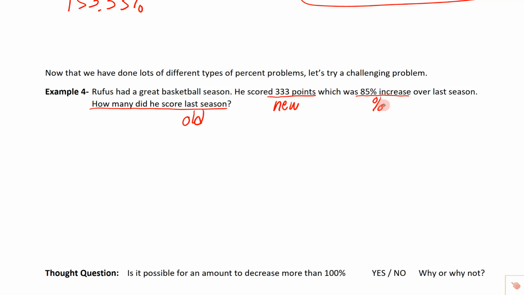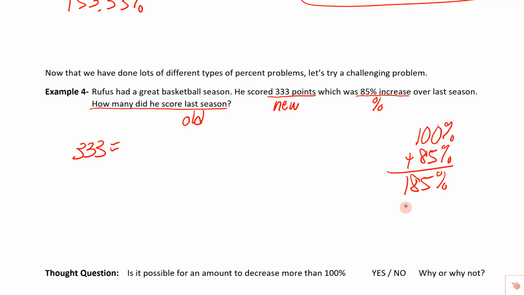So once again, we're going to write out the equation the same way we do every time. So we're going to say 333 is, oh, and before we put the percent down, we need to think about this. If it was an 85% increase, then we're going to start with 100%. Since it was an increase, we're going to add 85% of that. So the new amount is 185% of the old amount.